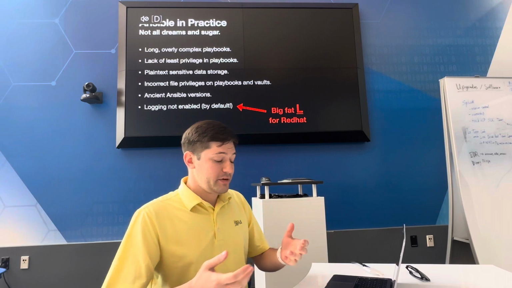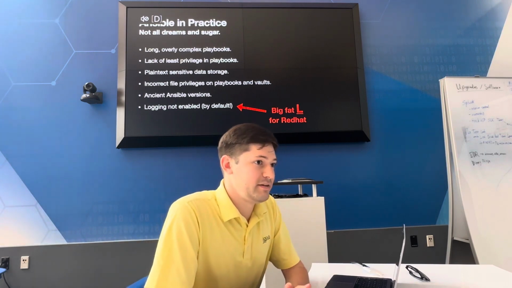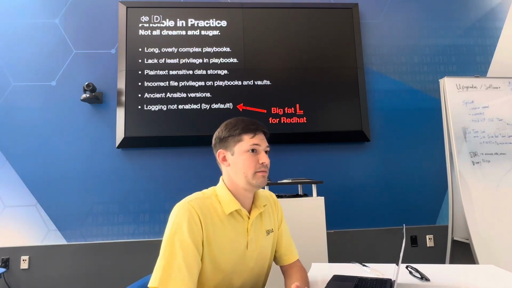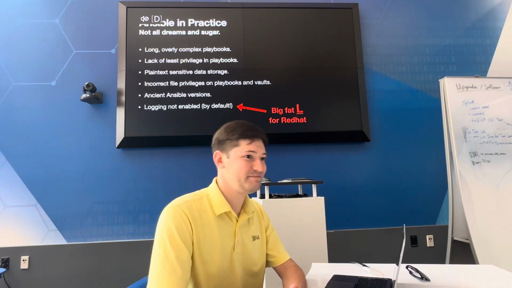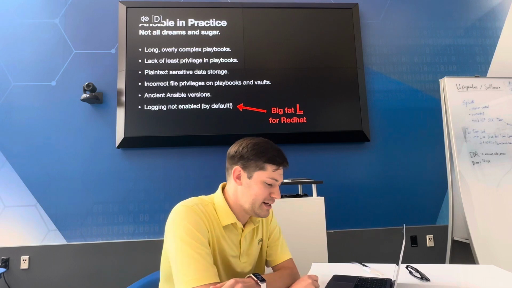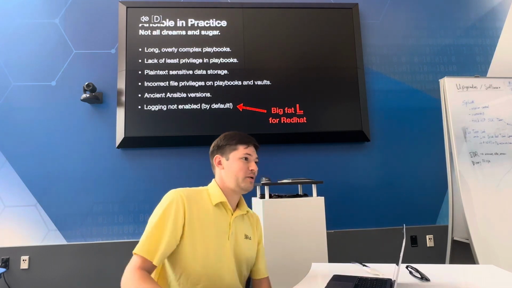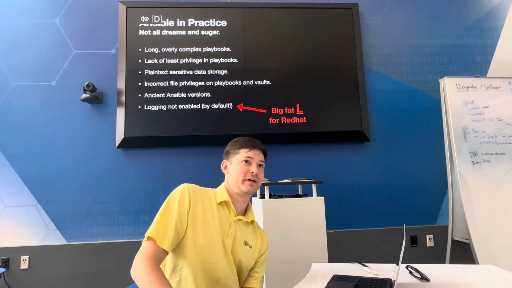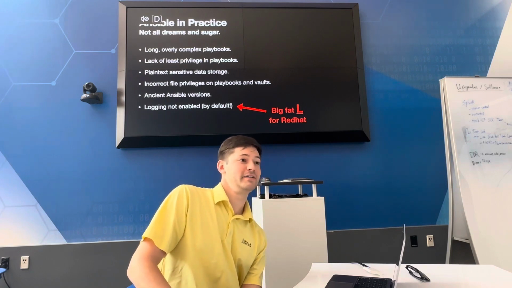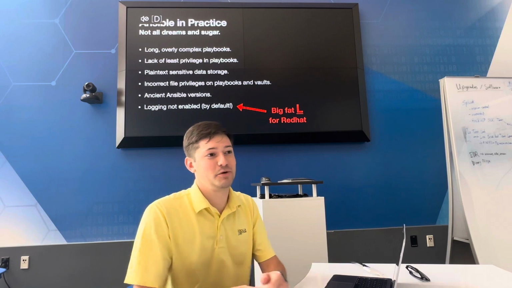And like every software ever, Ansible itself has some security issues from time to time. If you're pulling from the repo and deploying that in your environment, you may get an old one. And a really bizarre one that I can't for the life of me understand why they haven't fixed. Last I checked, logging is not enabled by default on Ansible.